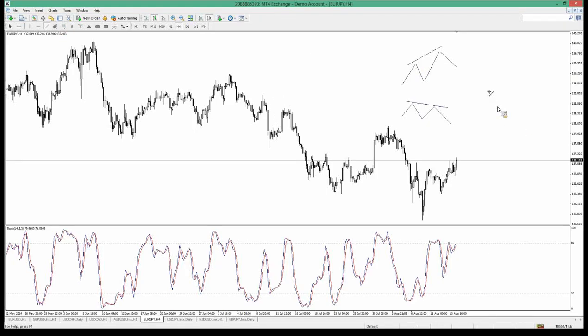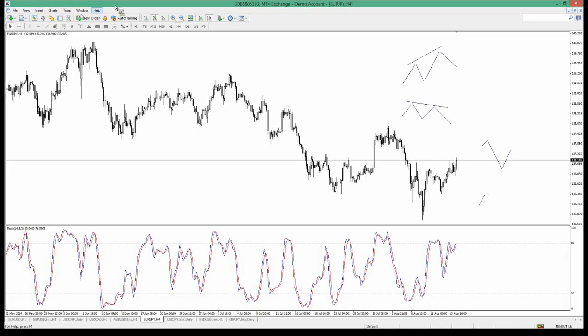In the case of a downtrend, we basically have price doing this. Here's price rallying like this, but the indicator itself is doing something like this.